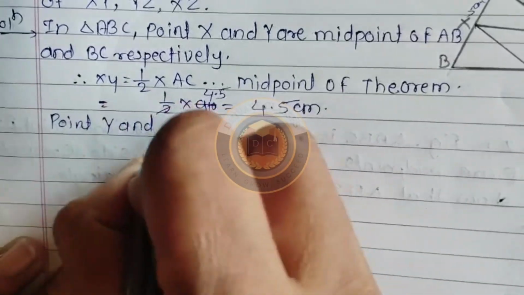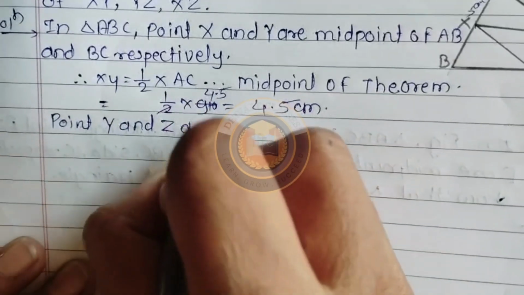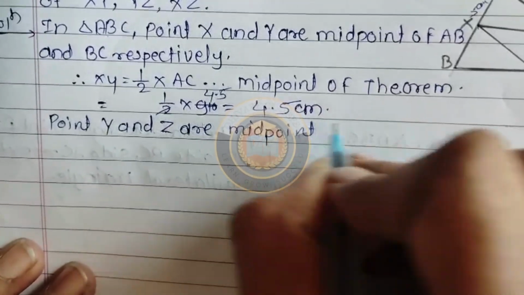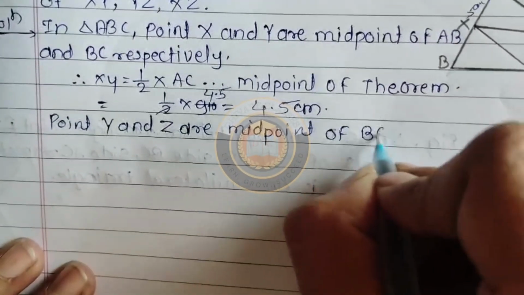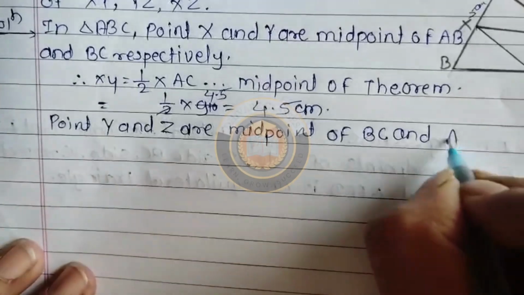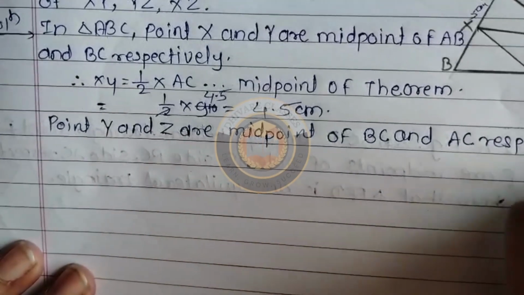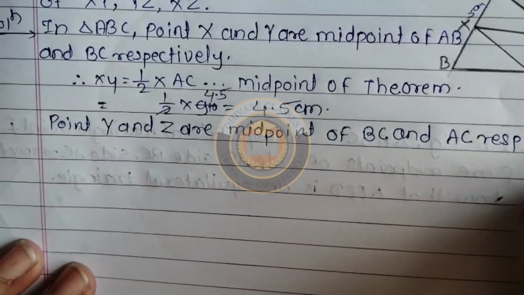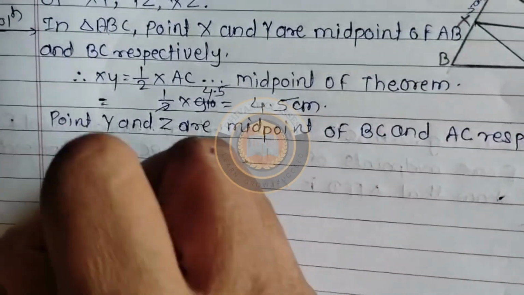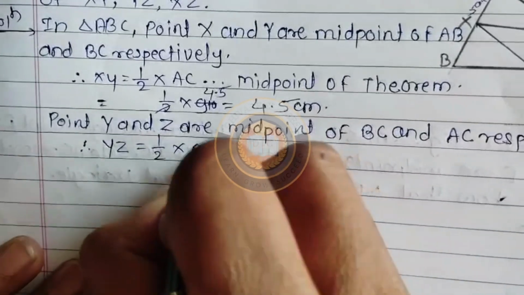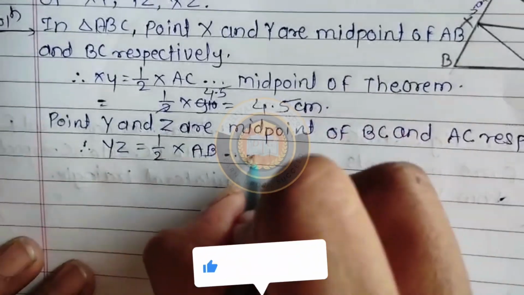ओके, point Y and Z are midpoints of BC and AC respectively. Therefore YZ is equal to 1/2 into AB, midpoint theorem.